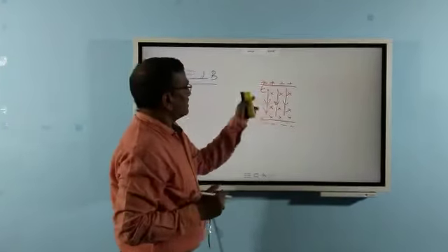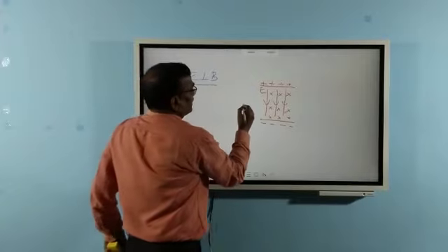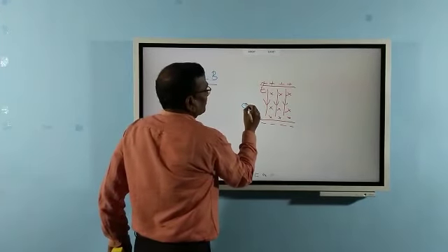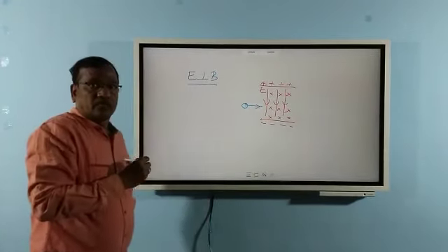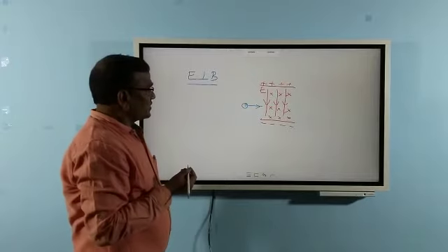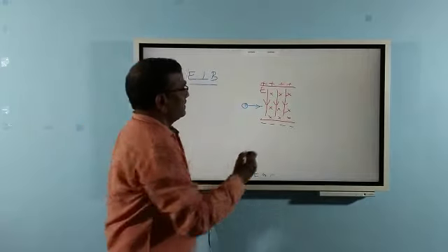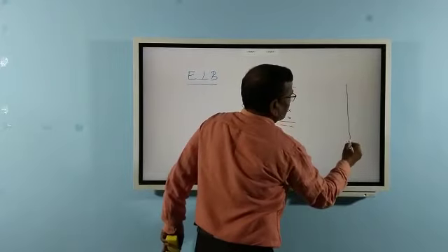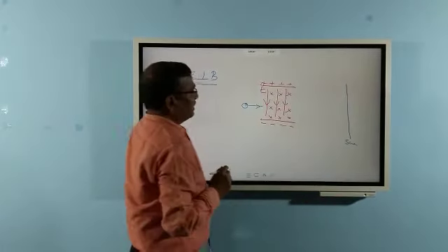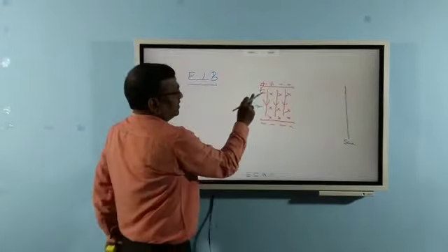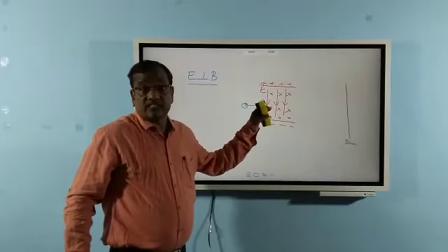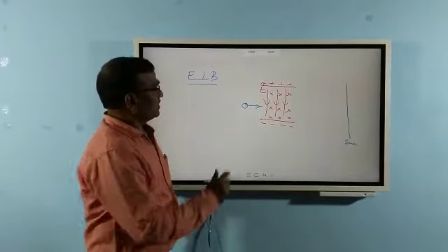So these two fields are applied perpendicular, and now you release a charged particle, either a proton, helium, or any positively charged particle, or even a negative one. This is the screen. What we observe on the screen is that the particle experiences both forces simultaneously, electrostatic force and magnetic force.